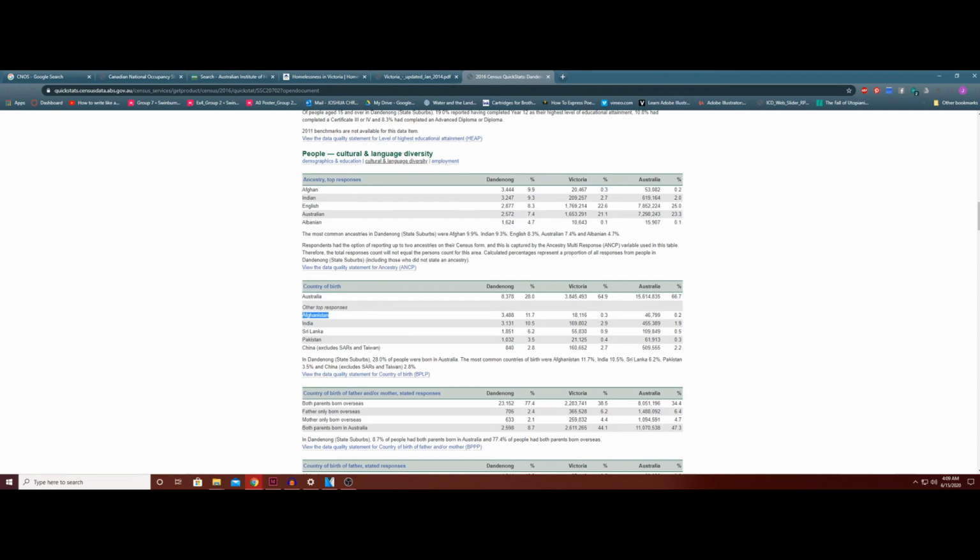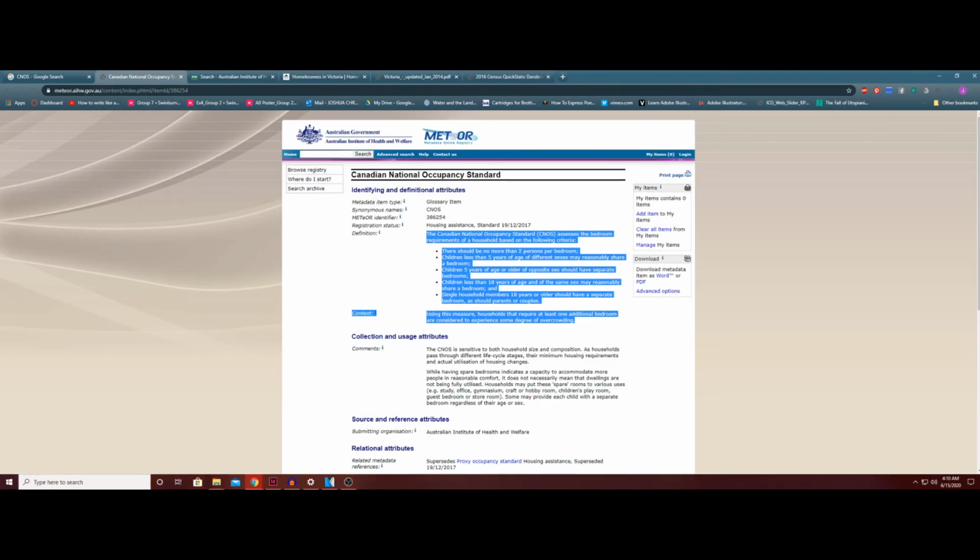Having said that, we also notice that it does not mean some family should have 8 people inside the room. Of course, we do not agree with that, but the problem with the census and the problem with AIHW is that they assume this is the best standard, and they don't look at the cultural differences that affect how people live, and perhaps the numbers may be wrong.